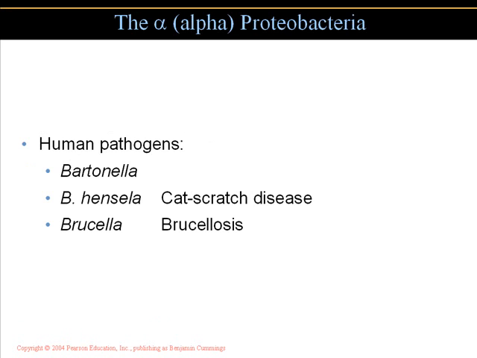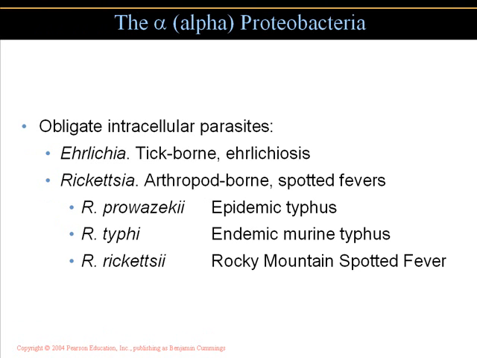If you remember, we talked about that process of sharing between the organism and the host by which the organism is existing. And then the pathogens we already alluded to, Bartonella, which causes cat scratch disease, and Brucella, which causes brucellosis, are human pathogens that we'd have to be concerned about.